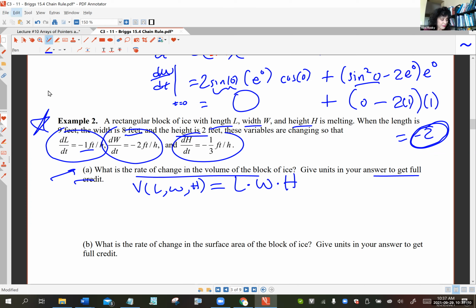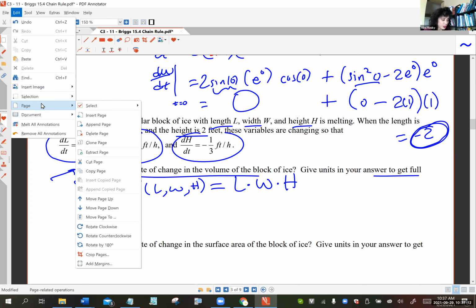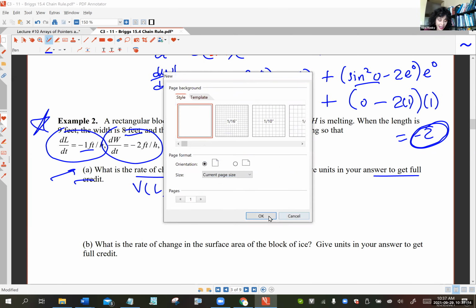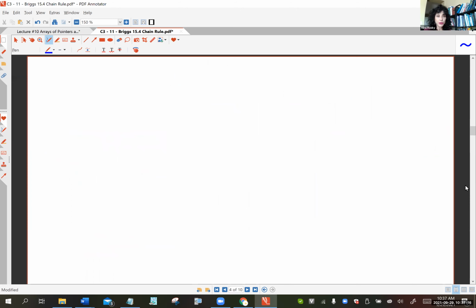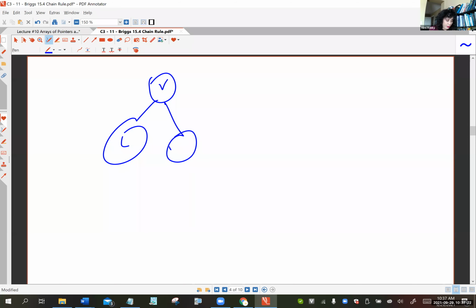Now, if you're a thinking person and you liked my tree diagrams, I highly recommend before you do a problem, draw a tree diagram. So there's volume, and we got length, and we got width, and we got height. It's a function of 3 variables. Uh-oh, can we do that? Sure. Because all 3 of these variables, length, width, and height, are all functions of time t.